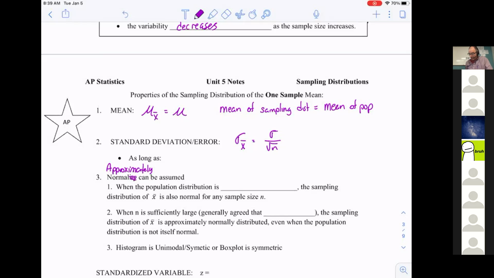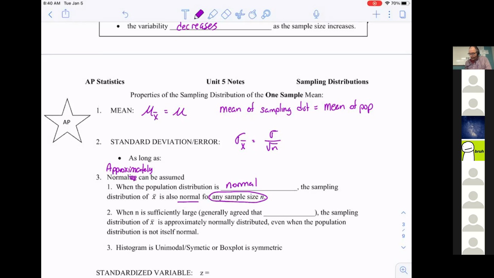If my population is normal to begin with, the sampling distribution will be normal. And here's the key, for any size n. So I could go ahead and use that sample size of 2 if my population is normal to start with.